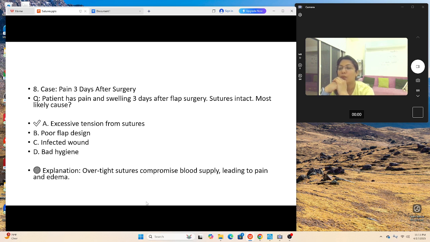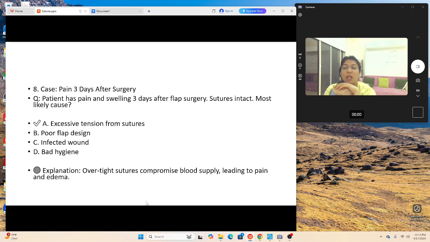Now, poor flap design can be correct. But if that was the issue, then there has to be more information given in the question. Since the question is not saying that the surgery went wrong or anything related to the flap, you have to assume that the flap was done properly.